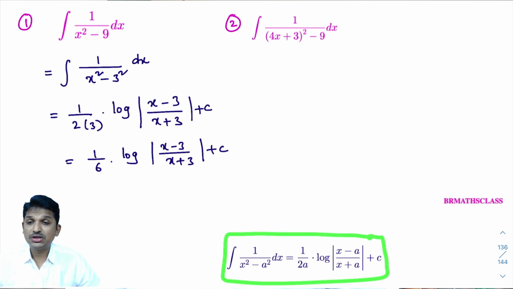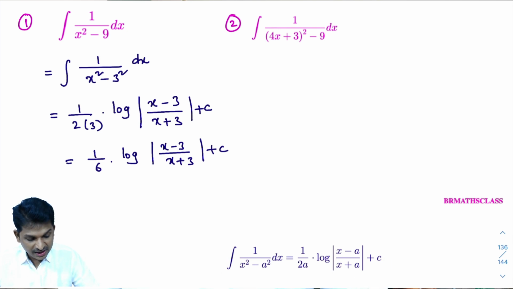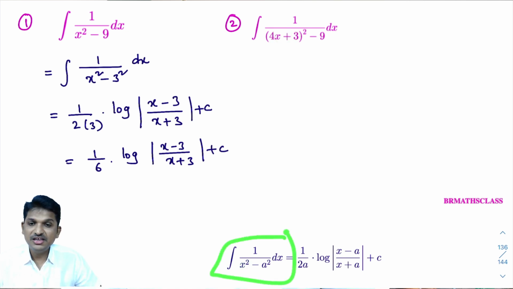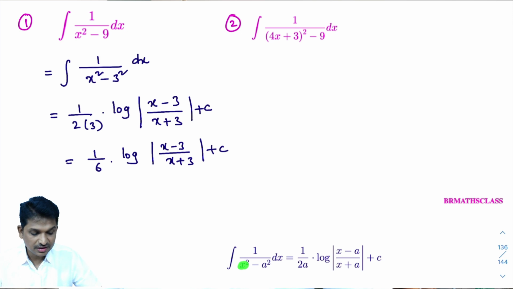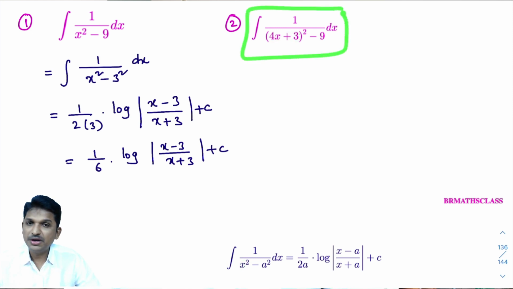In model number 2, in all the formulas, if ax plus b is present in place of x, how do we write its answer? Actually, we do this problem by substitution method, but I want you to know how to write this answer directly.